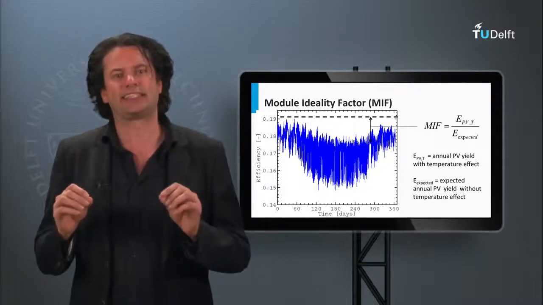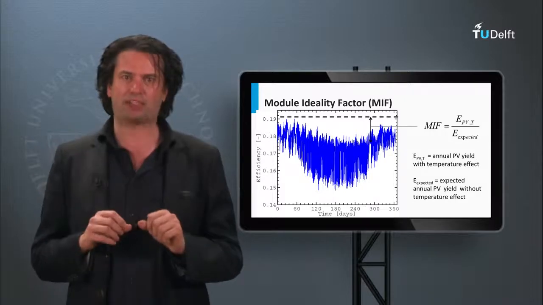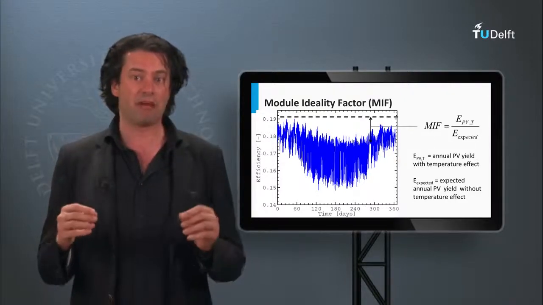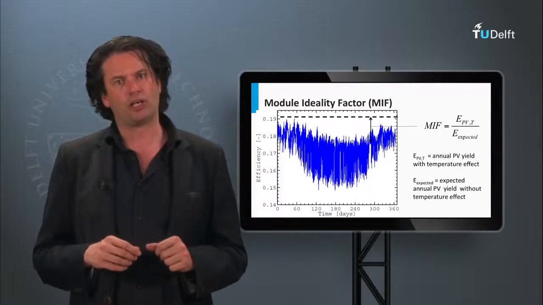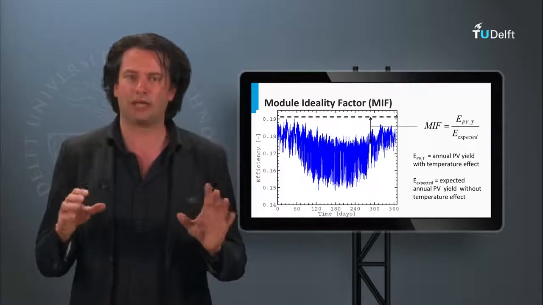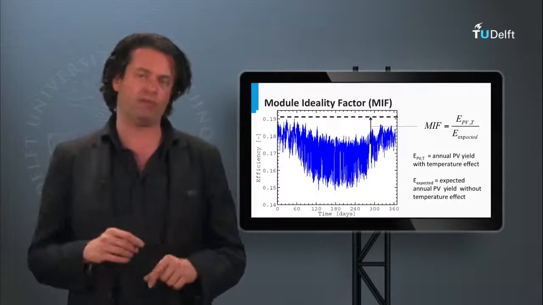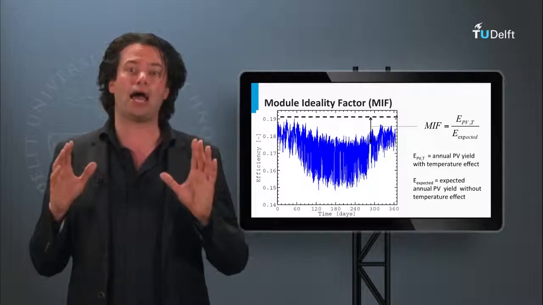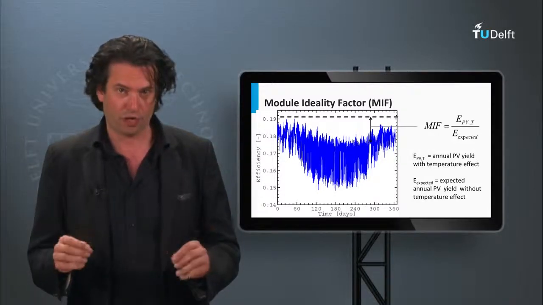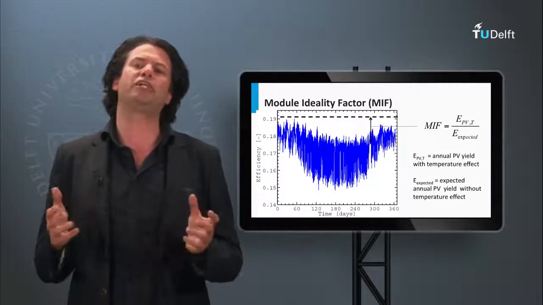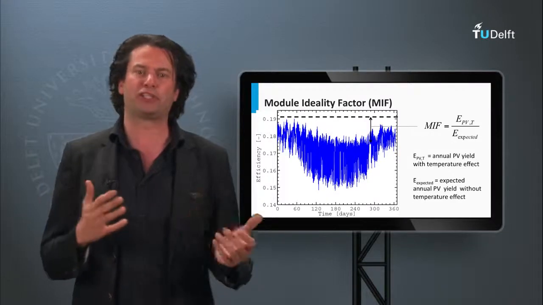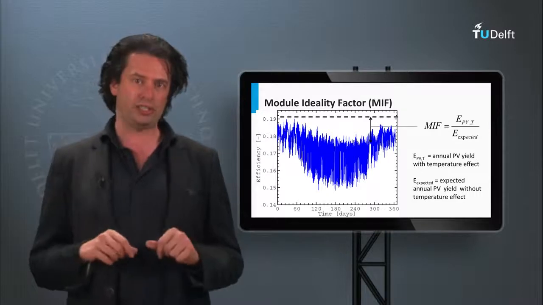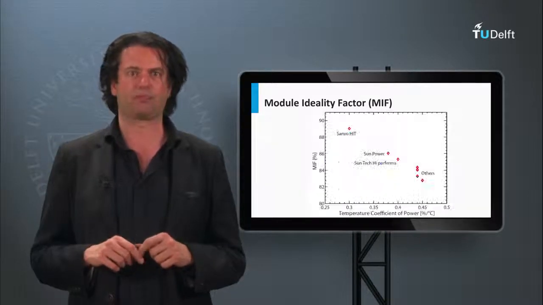Now, the extent to which the temperature impacts the module output is a function of the PV technology and the manufacturing process, which collectively decides the temperature coefficients of the PV module. The temperature effect is also a function of the ambient conditions. For the same technology, there could be a deviation in the temperature coefficients due to the manufacturing processes and other design modifications.